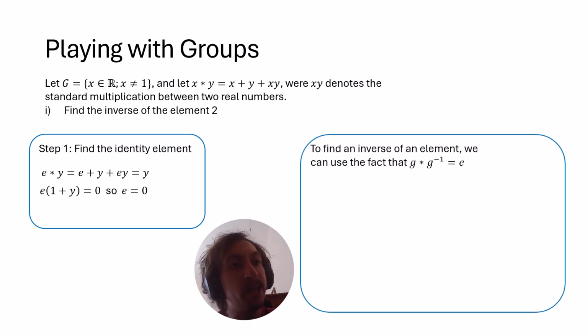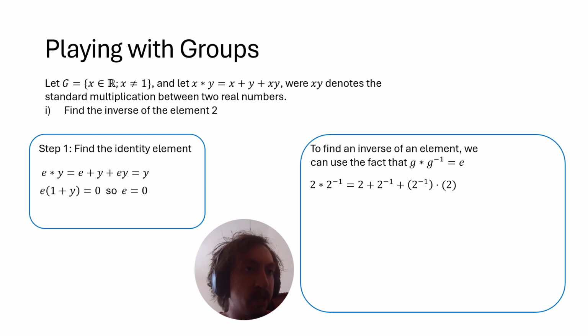And then to find the inverse element of 2, we use the idea that if we have an element g and its inverse g to the minus 1, then g star g to the minus 1 is equal to E by definition. So if we do that with 2, we end up with this expression. Now it's very important to note, we cannot do 2 to the minus 1 times 2 is equal to 1. We cannot do that. And that's because 2 to the minus 1 doesn't mean 1 over 2. It means the inverse of 2.